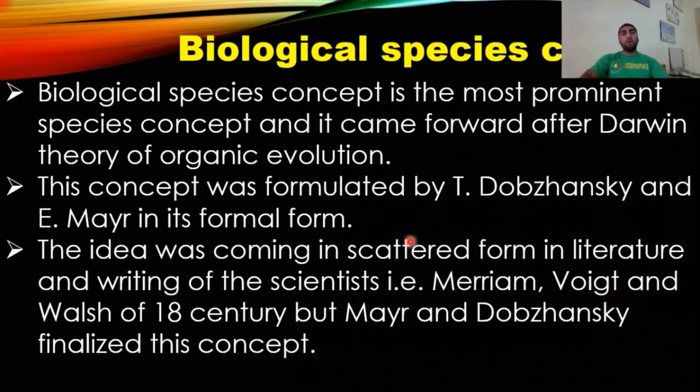Now the third one, which is a very important one and is accepted worldwide, is the biological species concept. The biological species concept is the most prominent species concept, and it came forward after Darwin's theory of organic evolution. When you see the first period of taxonomy, people believed in fixity of species.